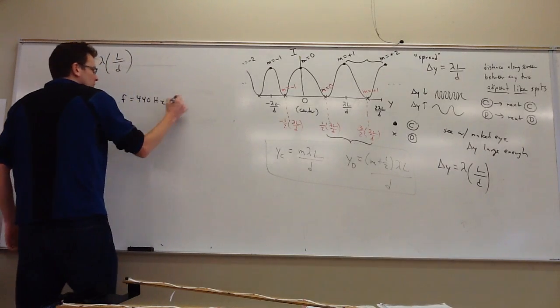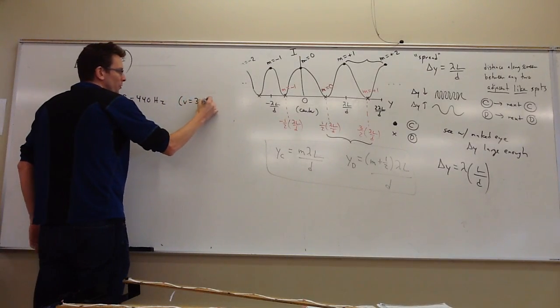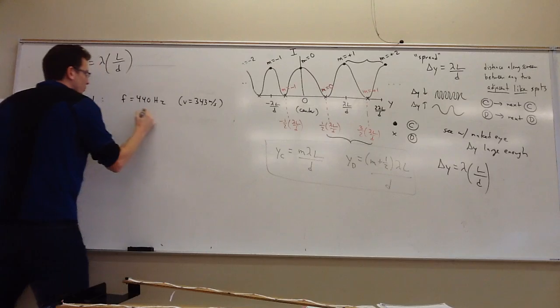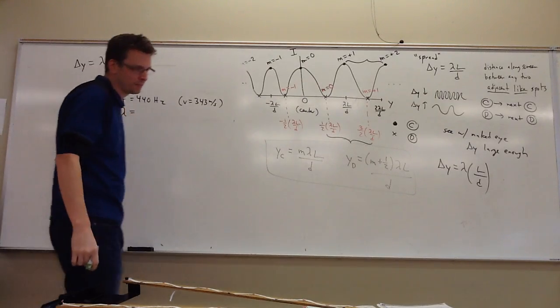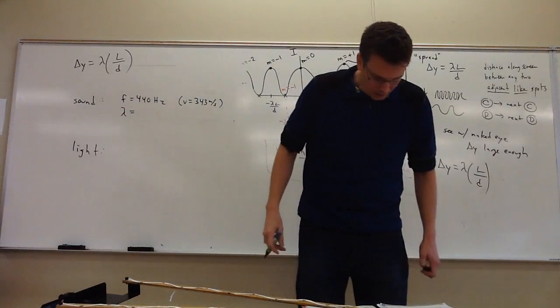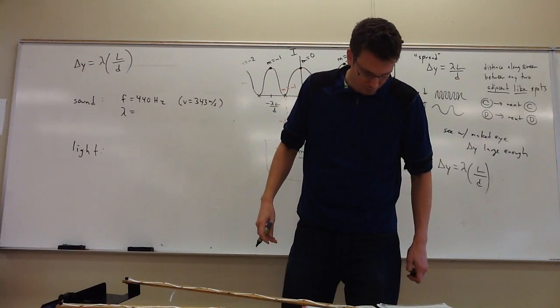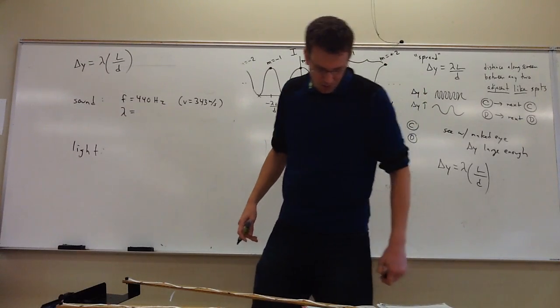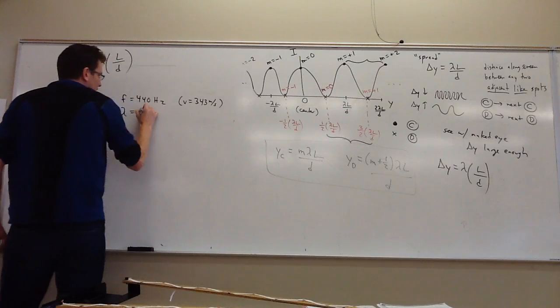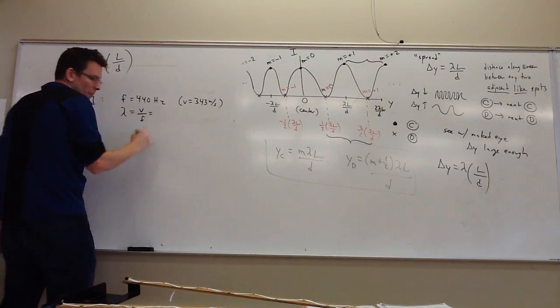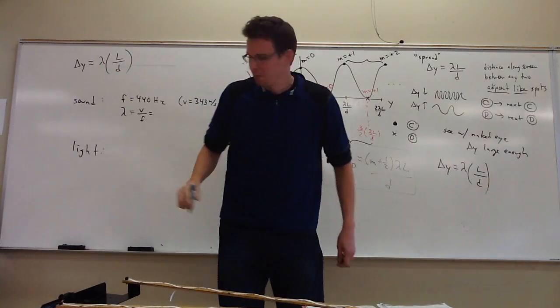The speed of sound in air is, of course, 343 meters per second. So we get a wavelength for that. If I can compute correctly with v equals f lambda, I will get a wavelength, which is, of course, v over f, which is about 0.8 meters.